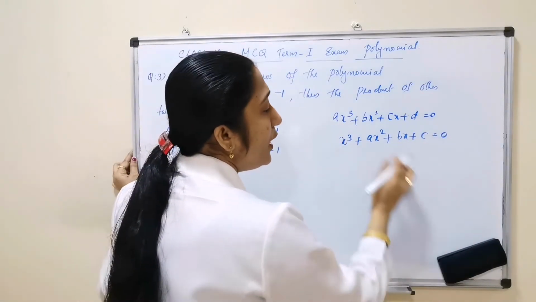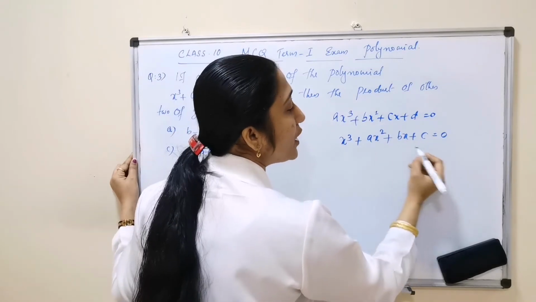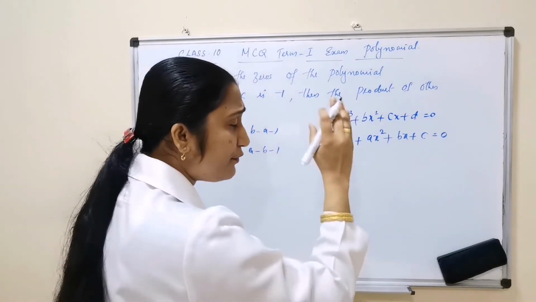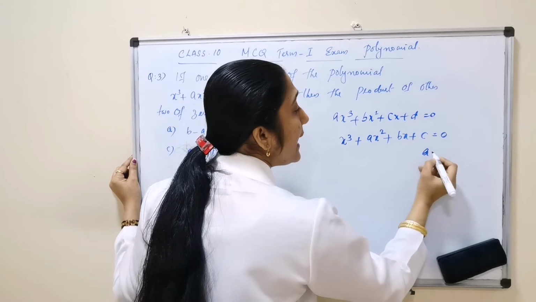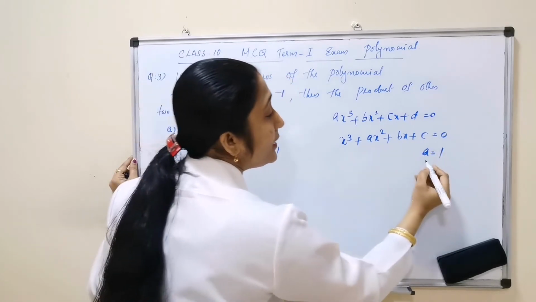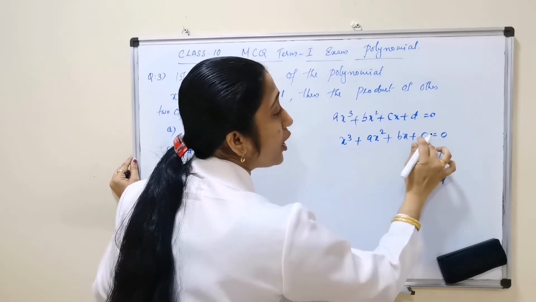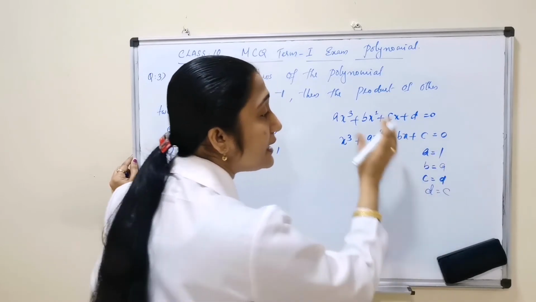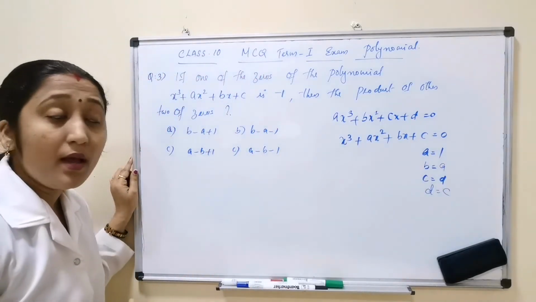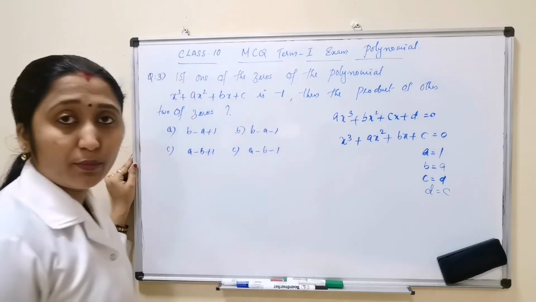Comparing these two, the coefficient of x cube is 1, b equal to a, c equal to b, and the constant term d equal to c. These are the values of the given polynomial.